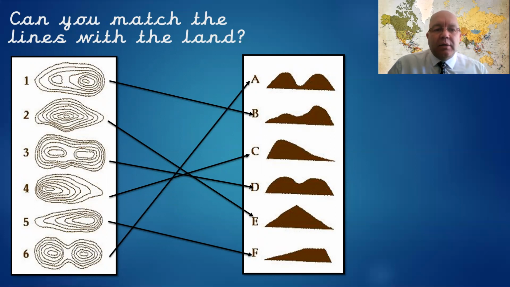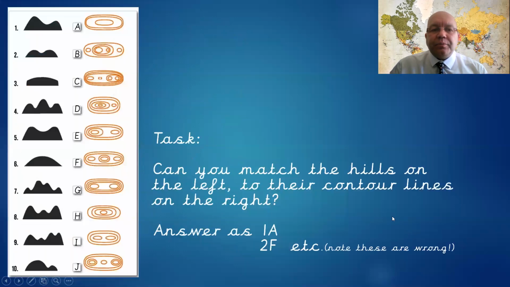Okay. I hope that makes sense, because your task today revolves around trying to translate these contour patterns into the hills. So here you go. Your task for today is to match the hills on the left to their contour lines on the right.